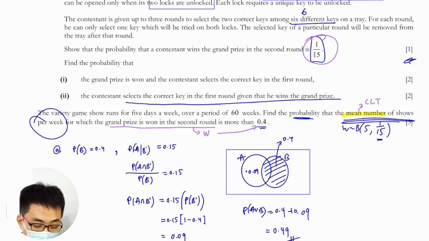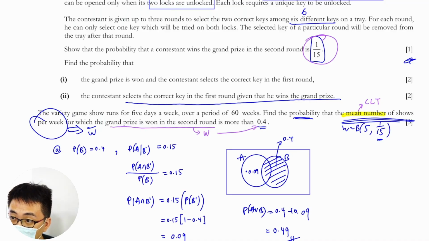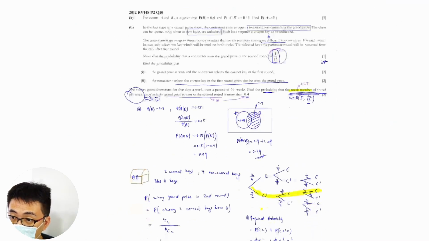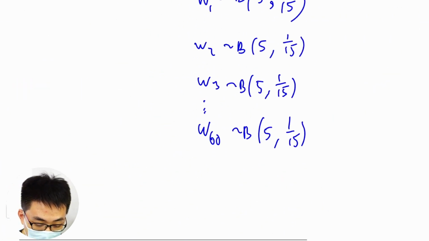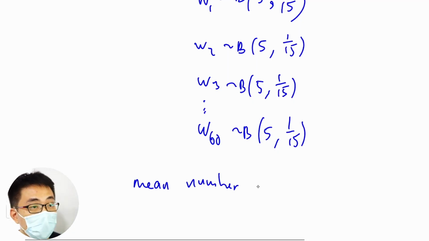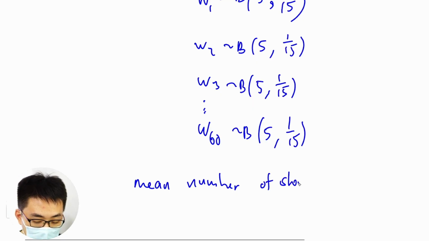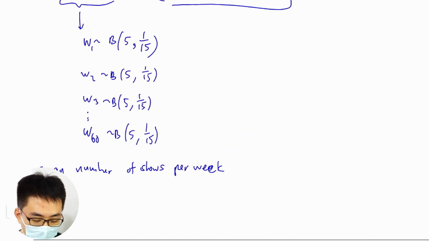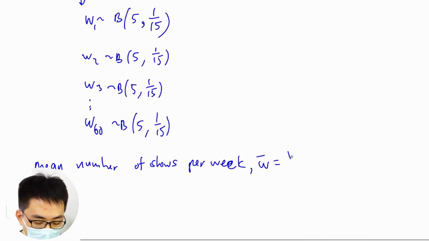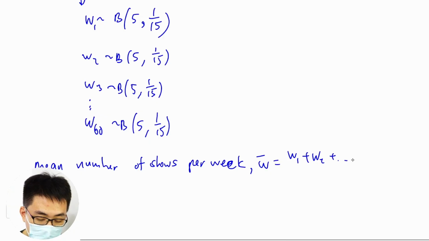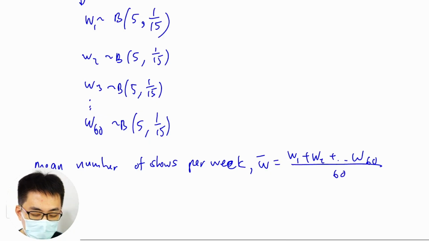This will refer to bar W. Mean number of shows per week would then be bar W, which is week 1 plus week 2 all the way to week 60, over 60.